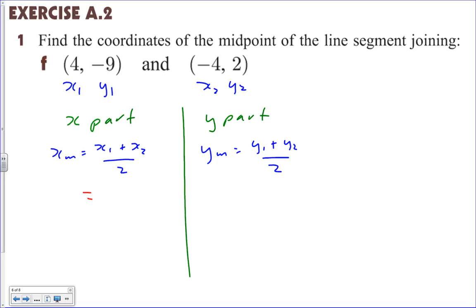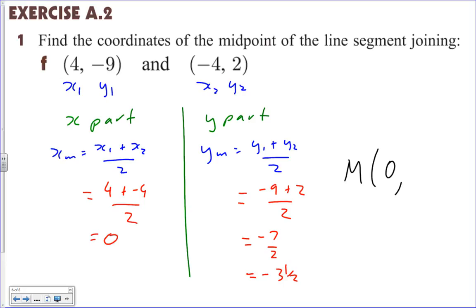So x1, 4 plus negative 4 over 2. So that's going to be equal to 0. And over this side, negative 9 plus 2 over 2. So it's going to be negative 7 over 2, which is negative 3 and a half. So my midpoint is going to be 0, negative 3 and a half.